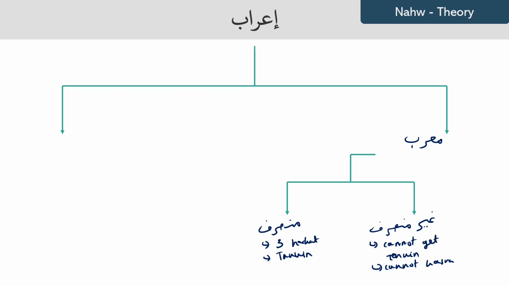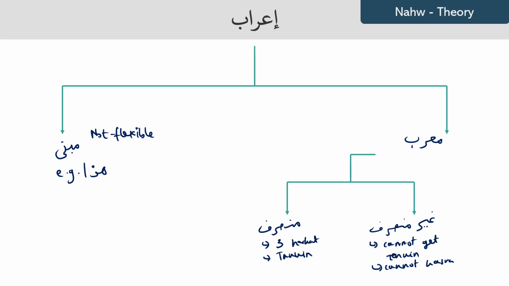And then you have words that are mabni in Arabic. In English, the translation would be indeclinable words; basically, they're not flexible. They look the same in all states. Their i'rab never changes. They always look the same at all times. For example, the word hada will always look the same.